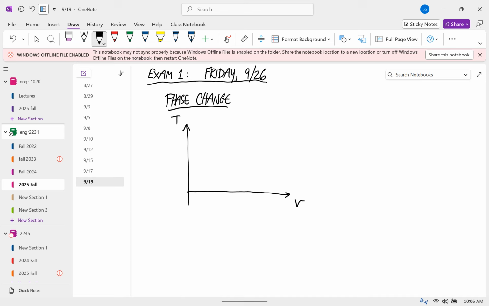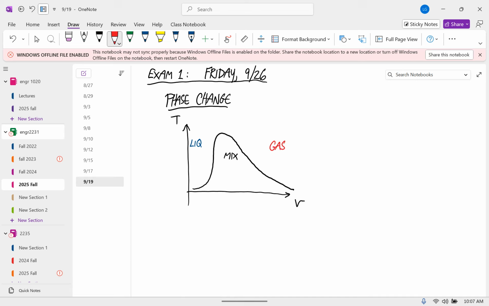I'm going to make it lean a little bit. Sorry for making your notes look ugly. But okay, it leans a little to the left, like California. And over here is liquid. In here is a mix of liquid and vapor. And over here is a gas or a vapor.